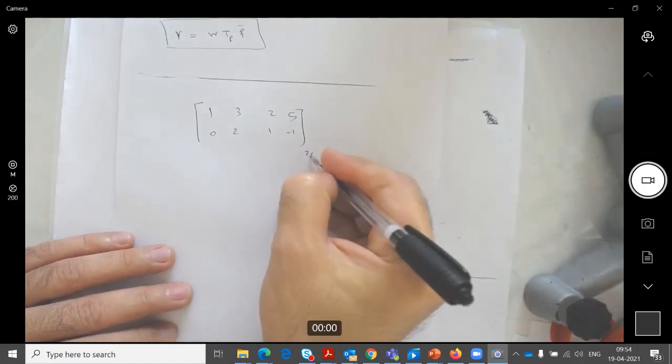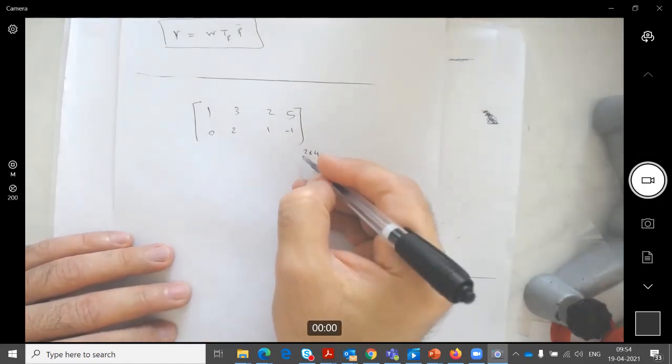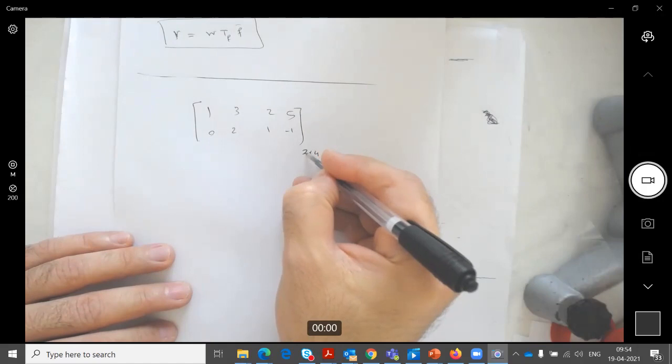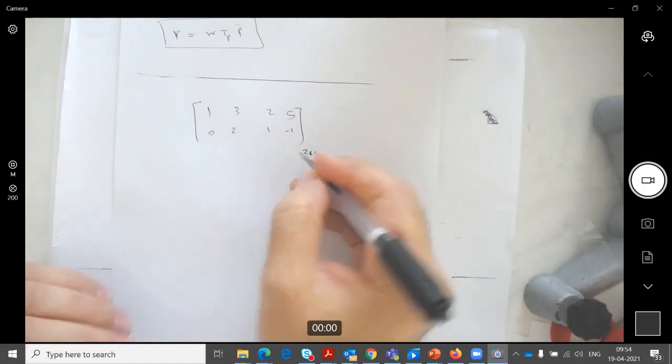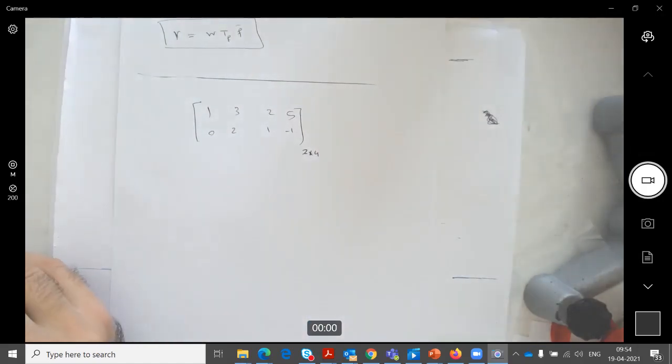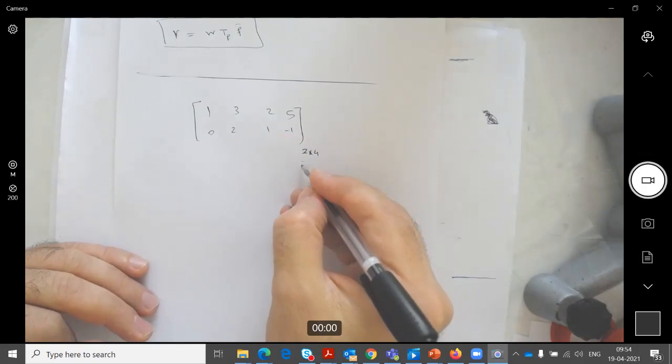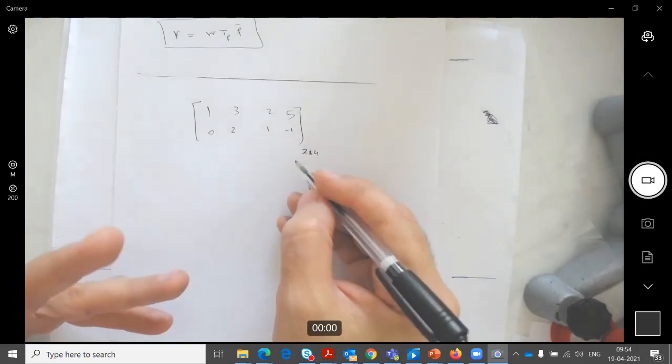It is a 2 by 4 matrix. As I said, what does rank mean? It means how many independent rows we have. So the rank is maximum 2. So the rank could be 1 or 2.